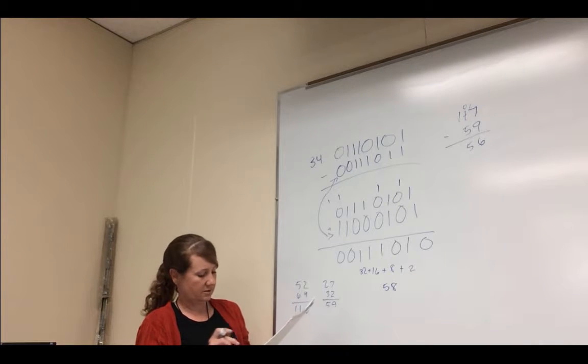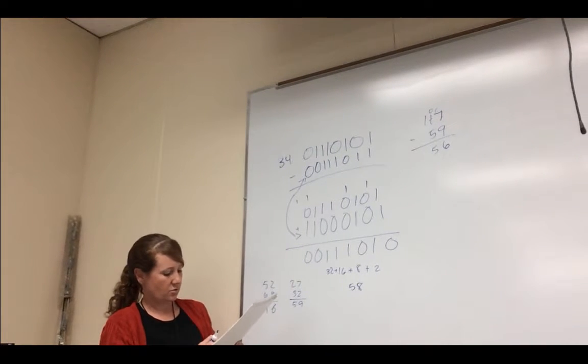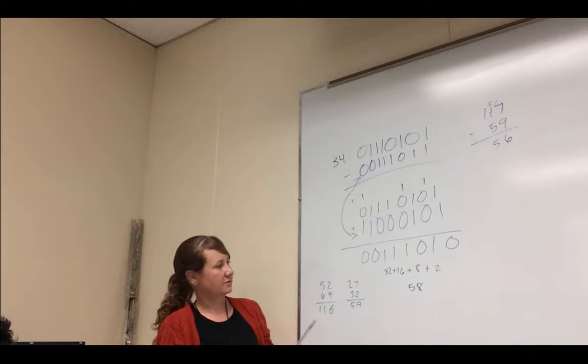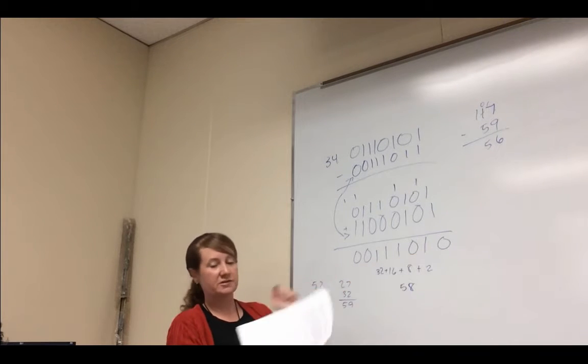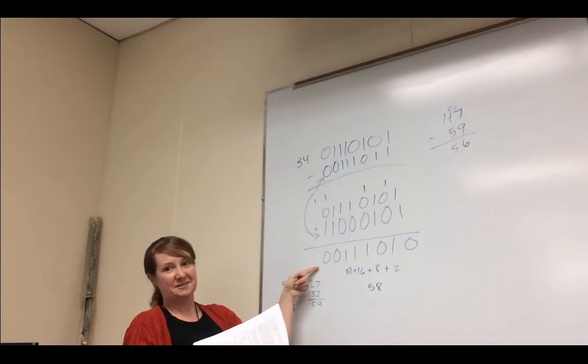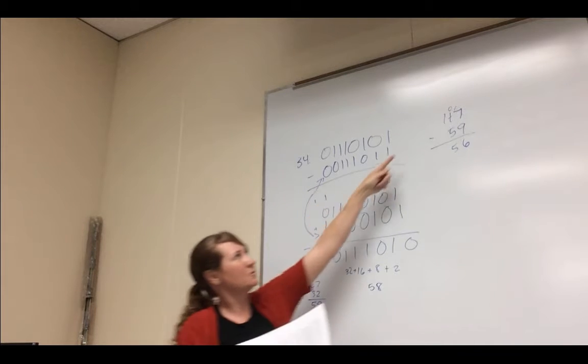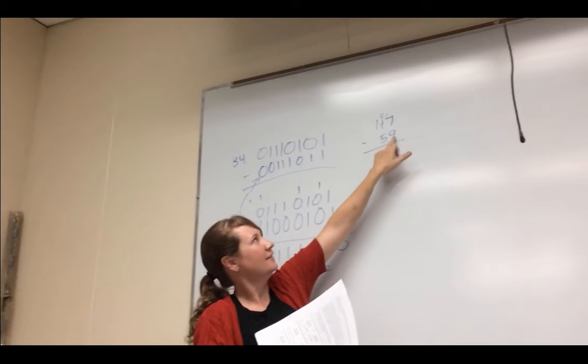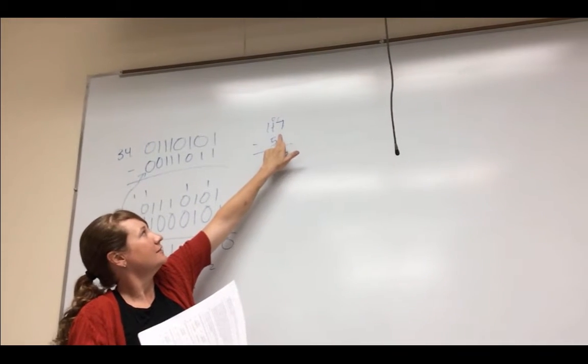And the answer is 0, 0, 1, 1, 1, 0, 0, 1, 0. We must have translated something wrong here. Because this is the answer that they gave me. This was the right answer. So we did this part right. But maybe we did this part wrong? Right here? What is it? No, the answer is 2015.